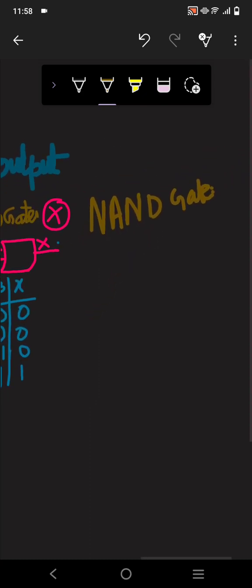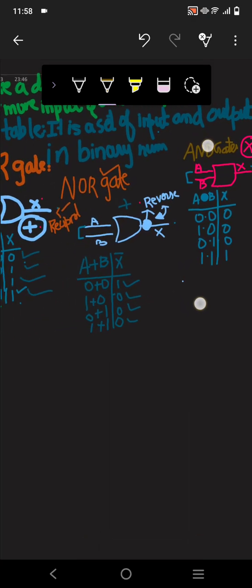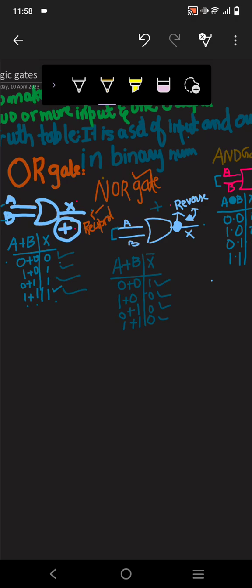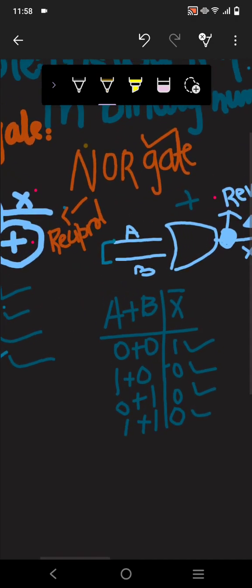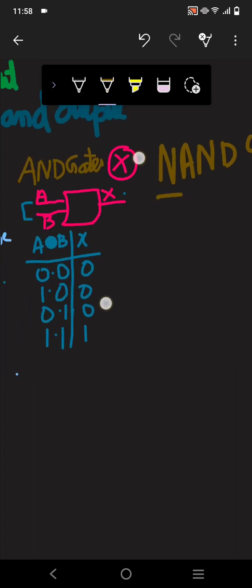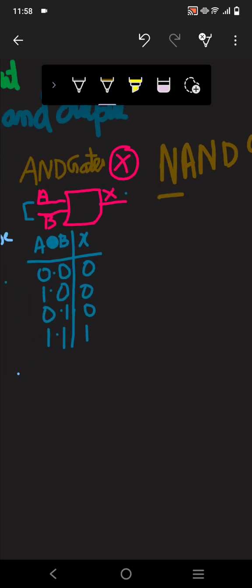As I told you with the NOR gate, N coming means this is the reciprocal. Here, as you can see, N is again coming, so it will be the reciprocal of it, and it will also be working on the principle of multiplication.